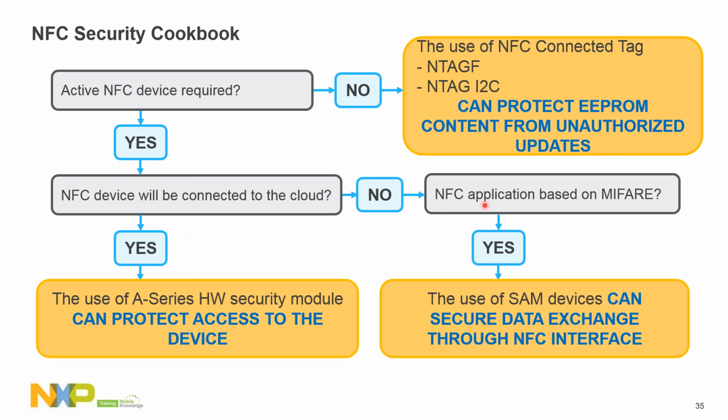Finally, if our device is going to communicate with MIFARE-based technology, a MIFARE SAM device from NXP provides us with the right secure storage platform for MIFARE keys and implements all the MIFARE cryptographic protocols required, simplifying our application development and security-related management, as it is all included in the MIFARE SAM.